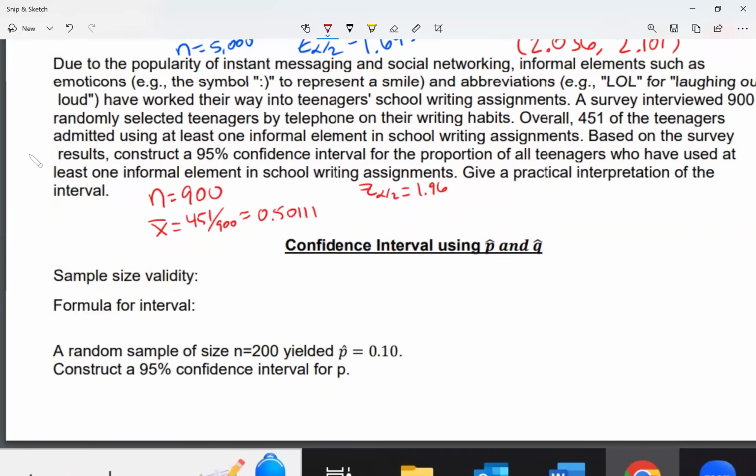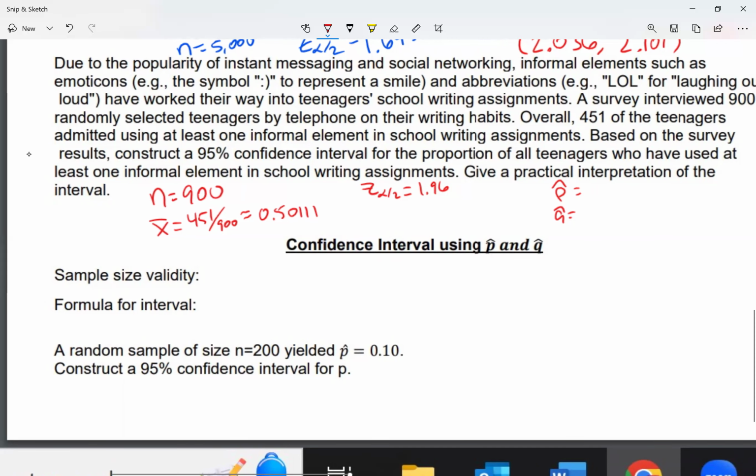We're going to call these P hat and Q hat. I'm going to give you guys that formula right here at the bottom. Now, what do P hat and Q hat mean? P hat means the probability of a success. I'm looking at what's the probability that a student does use those symbols when they write. So I'm going to say basically my average, 0.5011. Now my Q hat is the probability that a student does not do that.